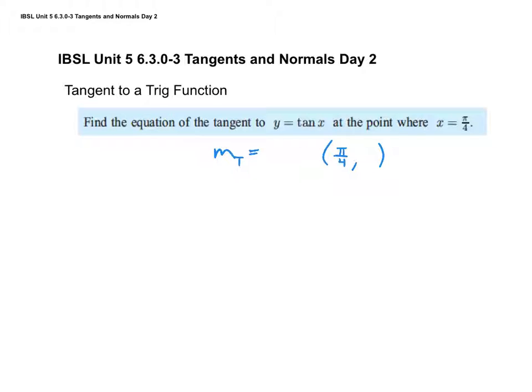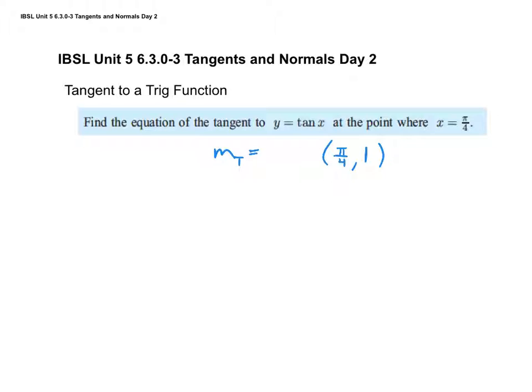What's sine of pi over 4? 30 is pi over 6, 45 is pi over 4. Tangent's 1, because sine is root 2 over 2, cosine's root 2 over 2, so tangent, sine over cosine, is 1. So this is the point pi over 4, 1.